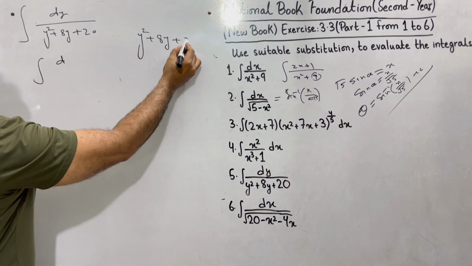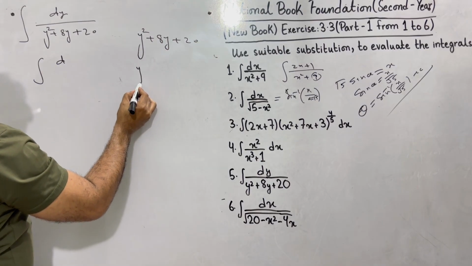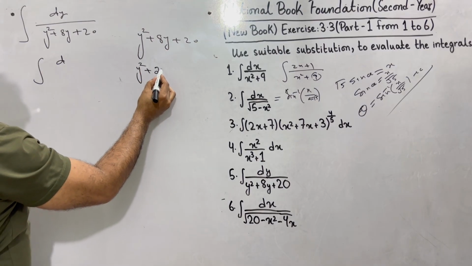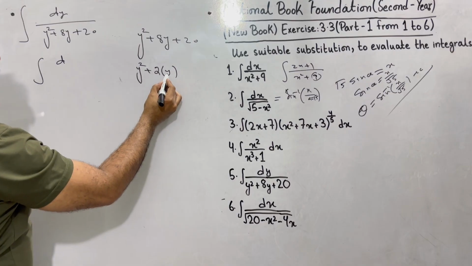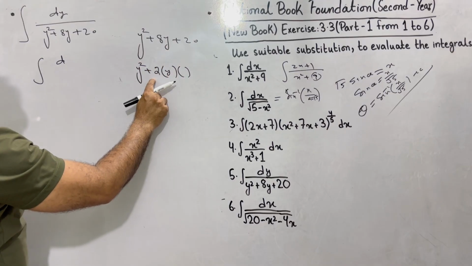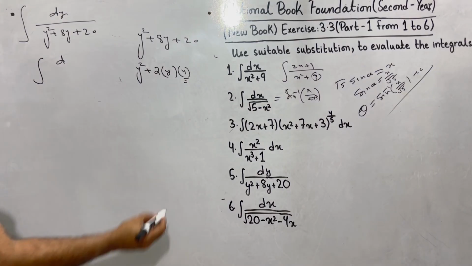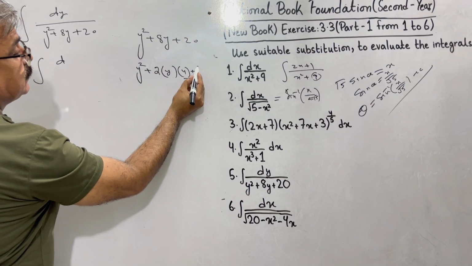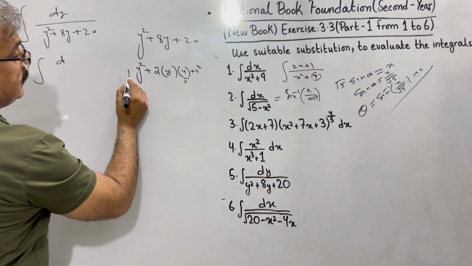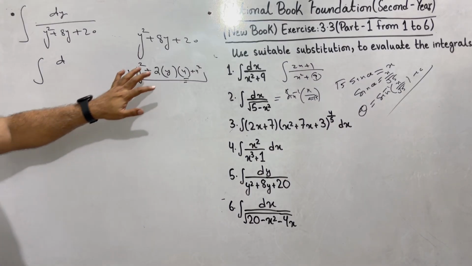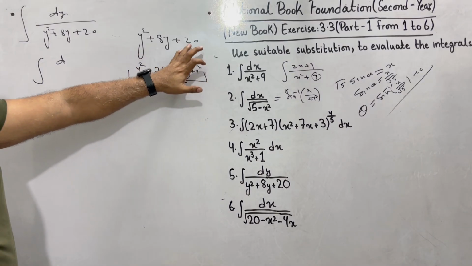y square plus 8y plus 20. It's good, it can become a perfect square quantity. Here there must be twice first into second. First into second: there is 2 times y times 4, so the second term is 4. So there must be 4 square. Two terms are present. Instead of 16, we have 20.